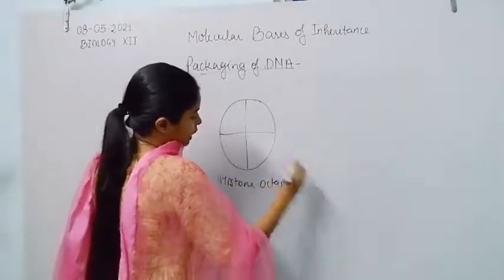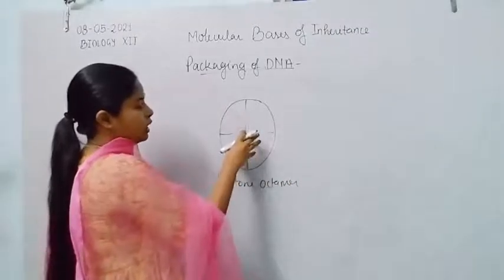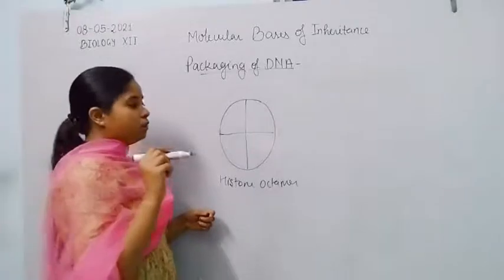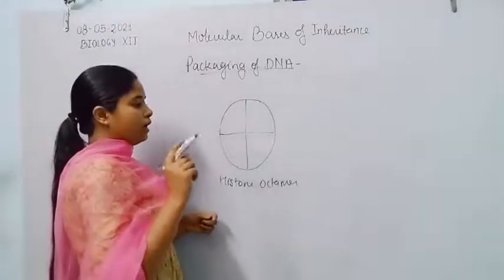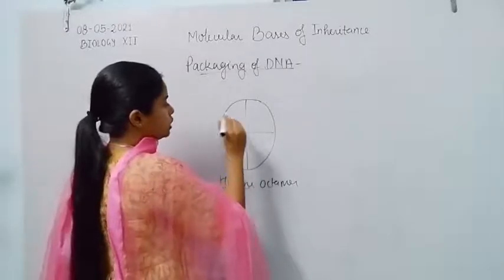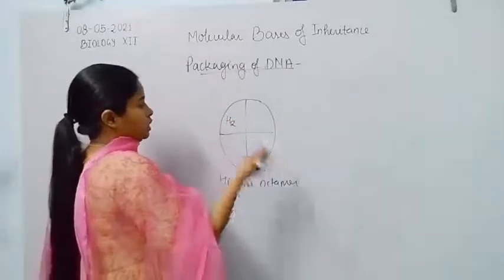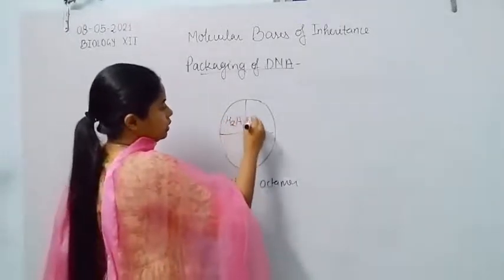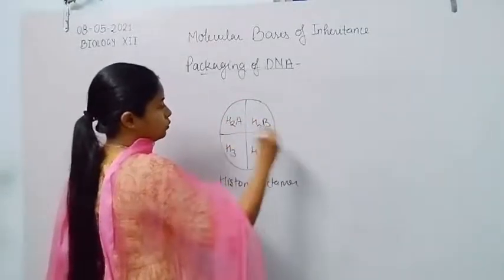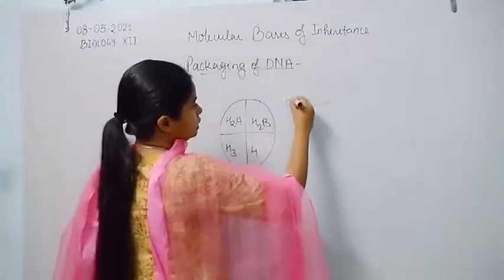The histone protein is formed by two main subunits. Here is the histone octamer, and the octamer structure has two main subunits, wherein each subunit has four histone proteins, that is H2A, H2B, H3 and H4, and another unit is H1.